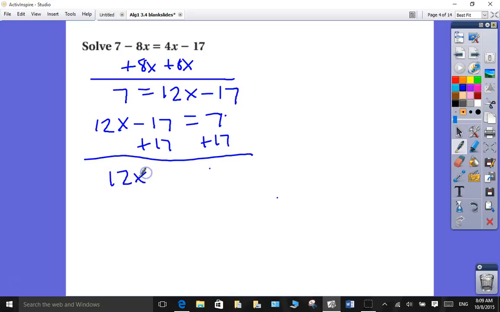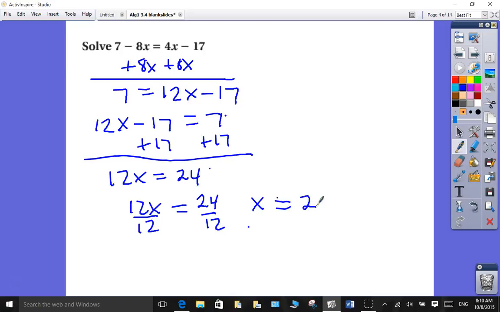12x equals 24. Divide by 12. So x equals 2. Again, we can check that by plugging it back in here. 7 minus 8 times 2 equals 4 times 2 minus 17.